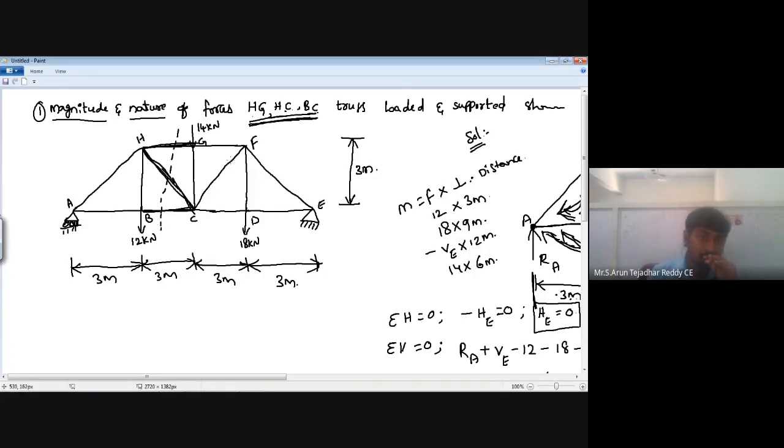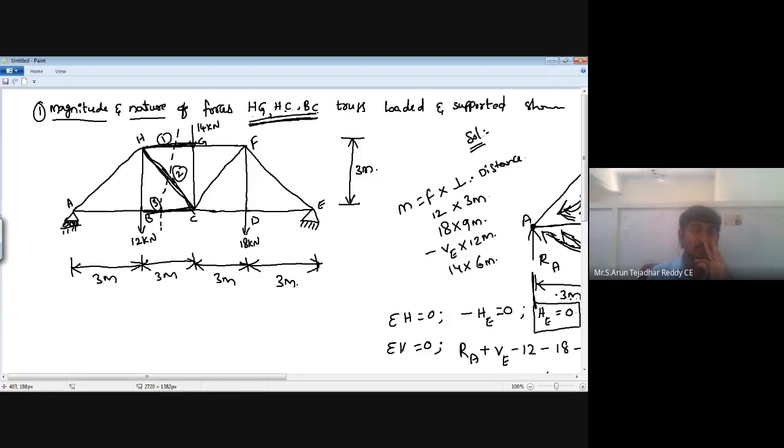So like that, we should cut the truss in this way, but it should not pass through more than 3 members. HG is 1 member, HC second member, and BC third member. It means it is passing only 3 members.